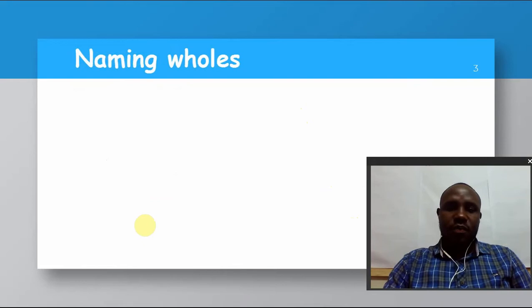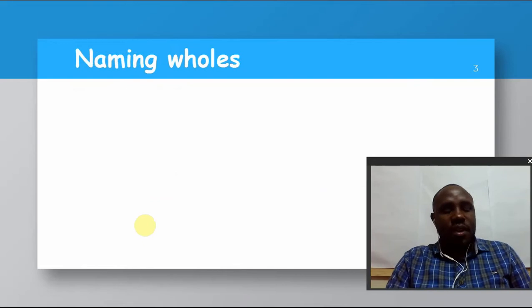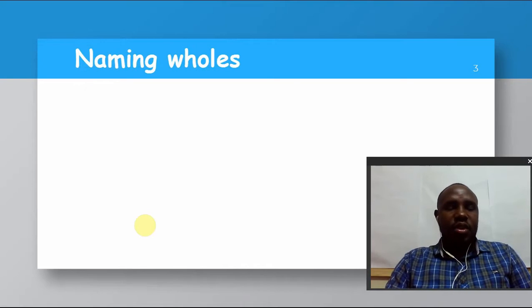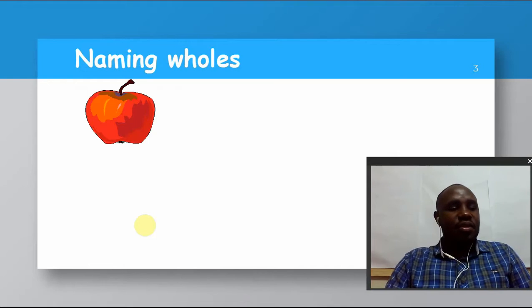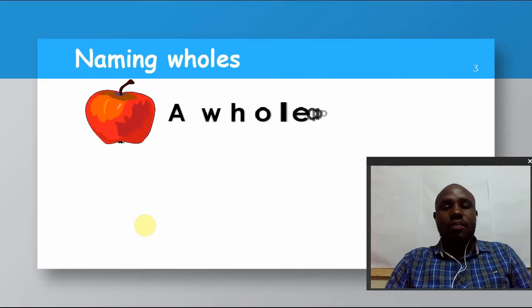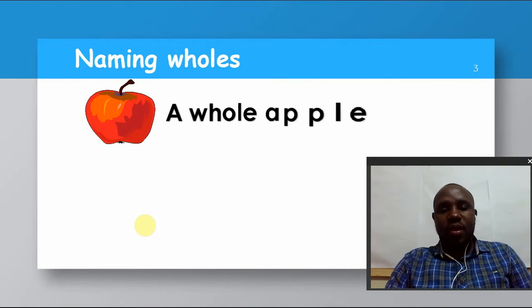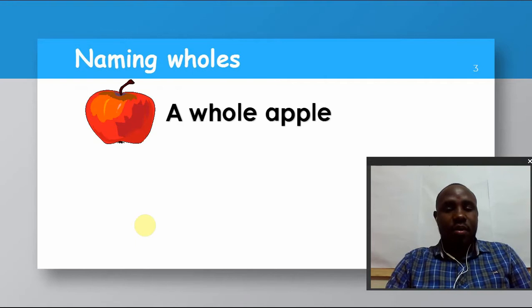Let's go on. Let's name the wholes. W-H-O-L-E. When I have this fruit, we can say that is a whole apple. The apple is still a whole.